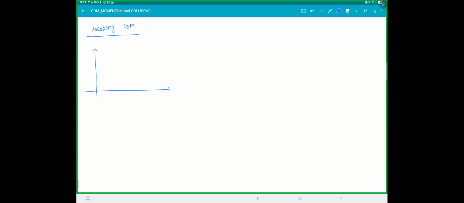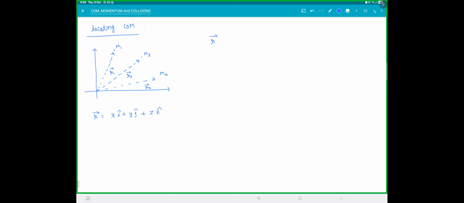So if you have different particles, m1, m2, so on till mn, let's say r1 bar, r2 bar, and rn bar, the position vector. So here basically what is r bar? r bar is your position vector, which is x i cap plus y j cap plus z k cap.